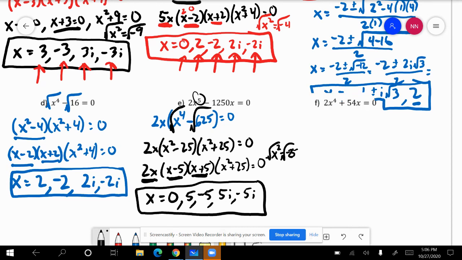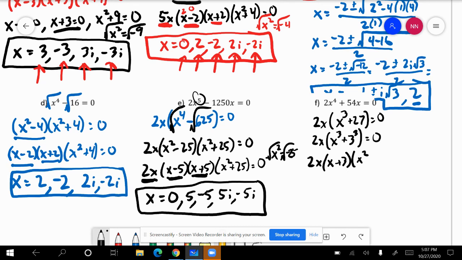Now, if we're looking at this next one, we factor out a 2x, and that gives us x cubed plus 27. We see that these are cubes. It would be x cubed and 3 cubed. So when we use our special factoring pattern for the sum of cubes, we get x plus 3 and x squared minus 3x plus 9.